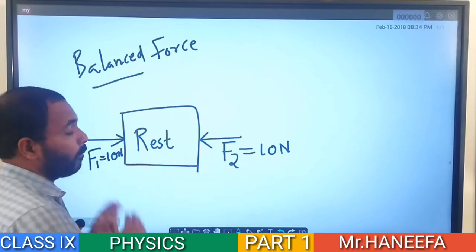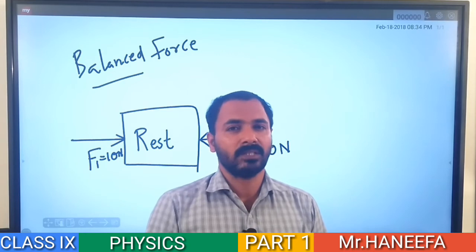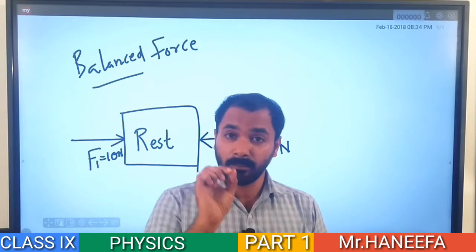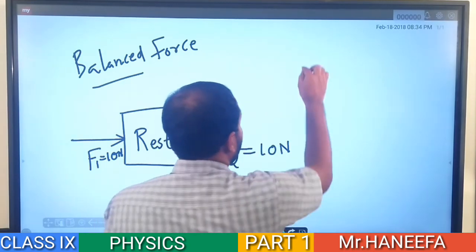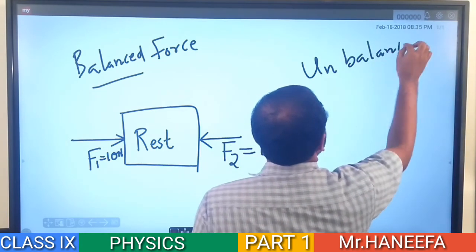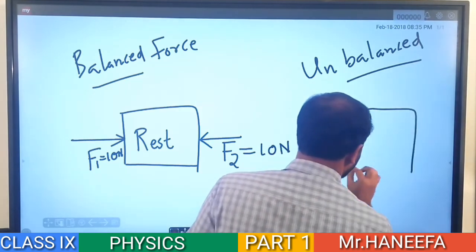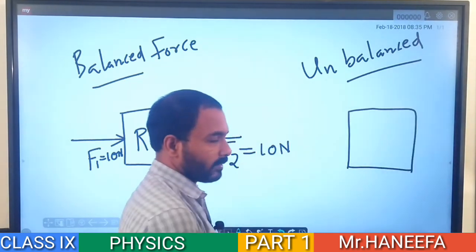Equal and opposite forces are applied on this block or on this box. Then in the case of unbalanced force, for example, one box.